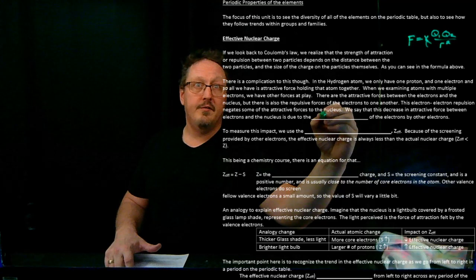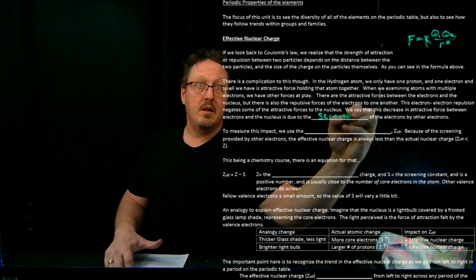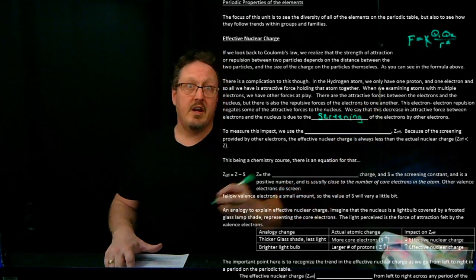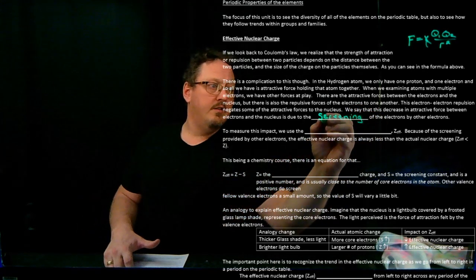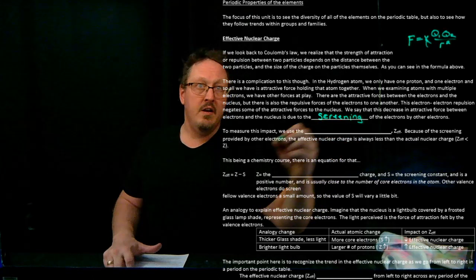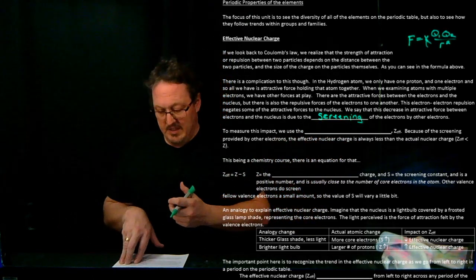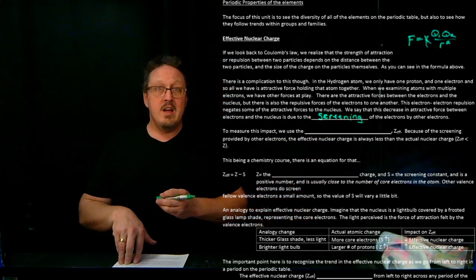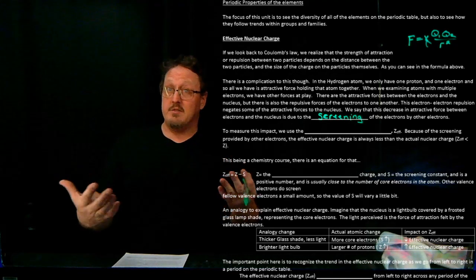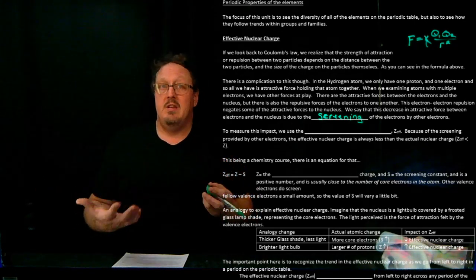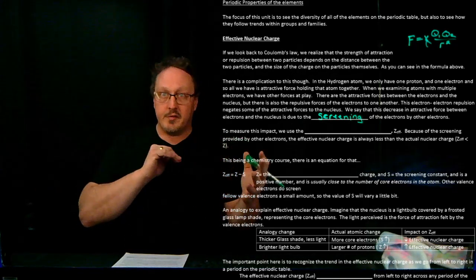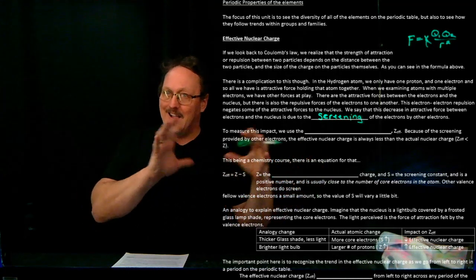The fancy word here is screening, much like your television set is a screen, S-C-R-E-E-N-I-N-G. When we say electrons are screening one another, what we really mean is that those different forces are kind of shielded by one another. They kind of hide some of those forces.